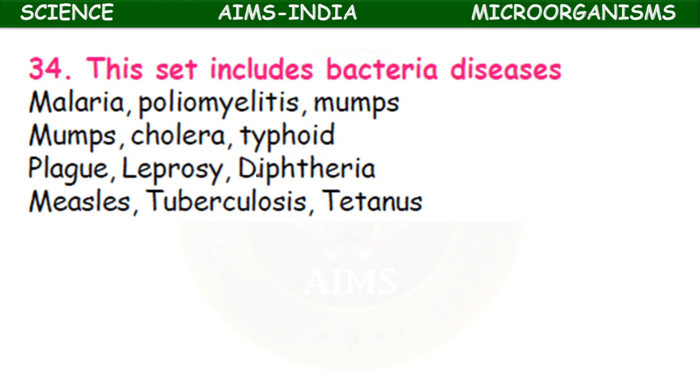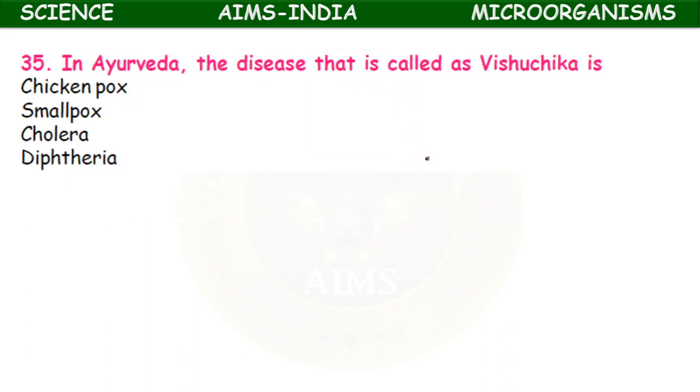All the options except the third option include both viral and bacterial diseases. So, here the question is, which set includes only bacterial diseases? Set 3, plague, leprosy and diphtheria, these are bacterial diseases.